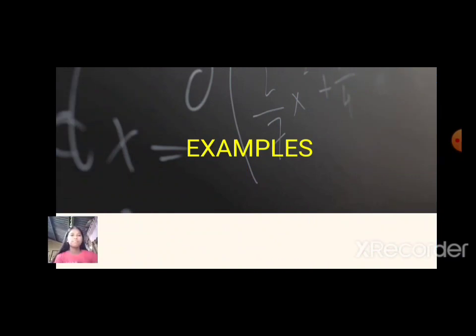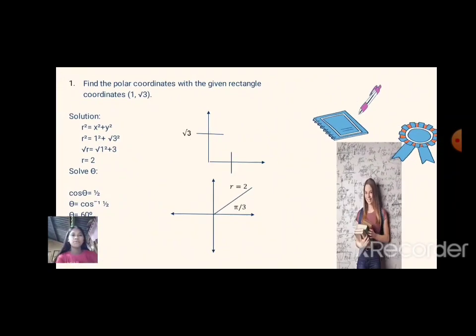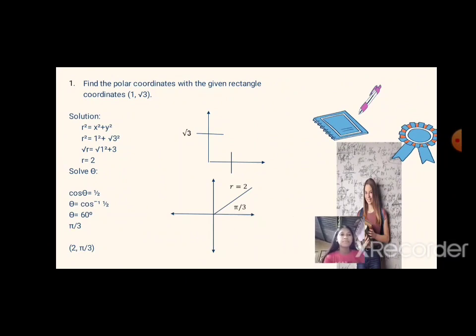Examples. So number 1, find the polar coordinates with the given rectangular coordinates 1 and square root of 3. Solution. So we need to use r squared is equal to x squared plus y squared.